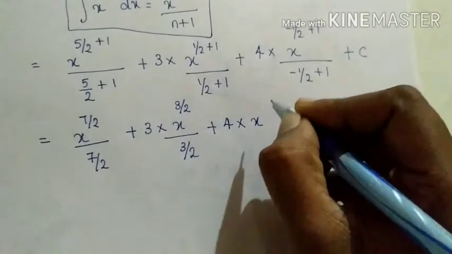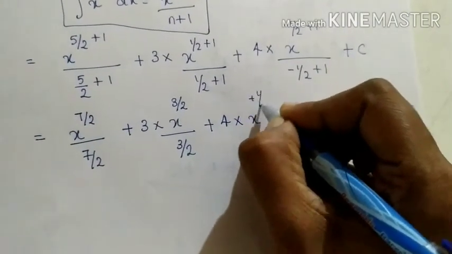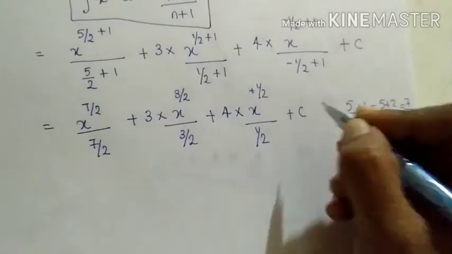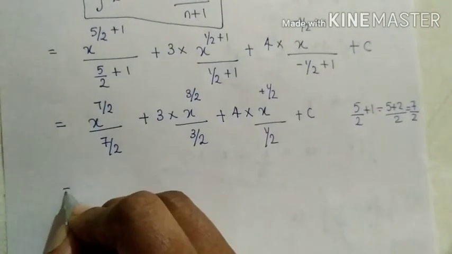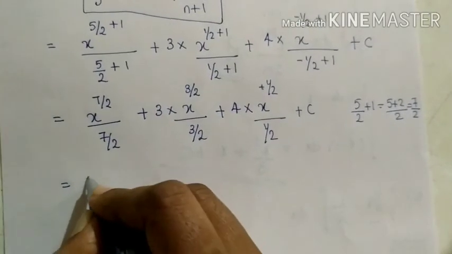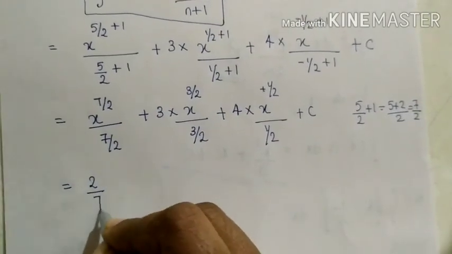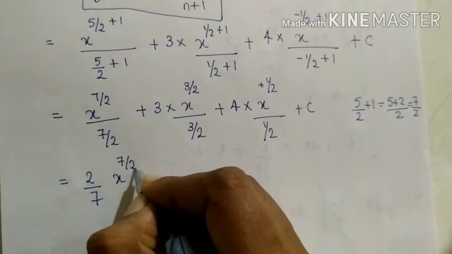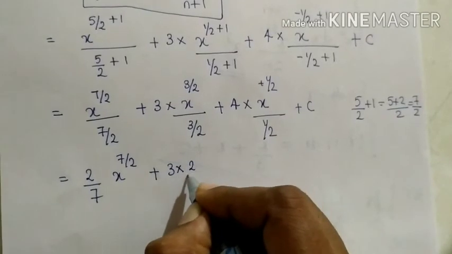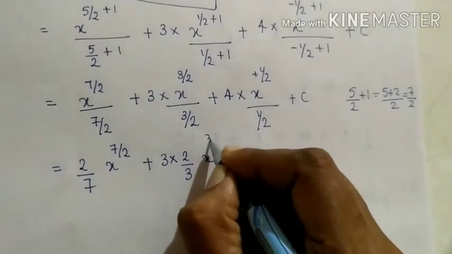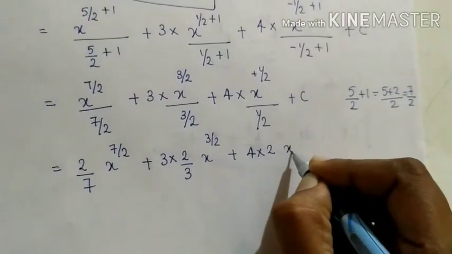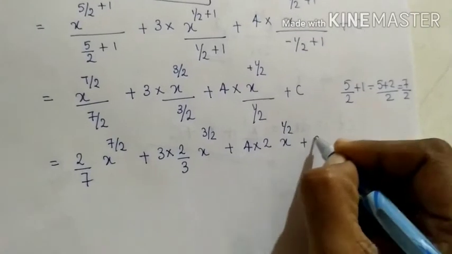So replacing this by plus half, x raised to half divided by half, plus C. Okay, all these 2s will come to the numerator, right? So here we get 2 by 7 x raised to 7 by 2 plus 3 into 2 by 3 x raised to 3 by 2 plus 4 into 2 x raised to 1 by 2 plus C.